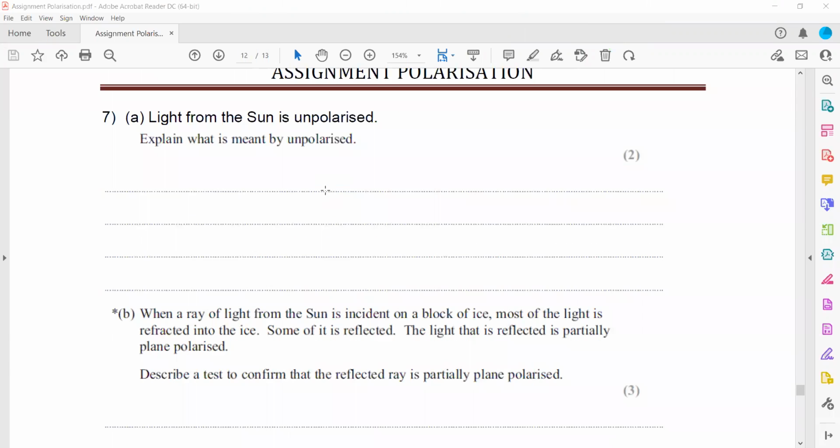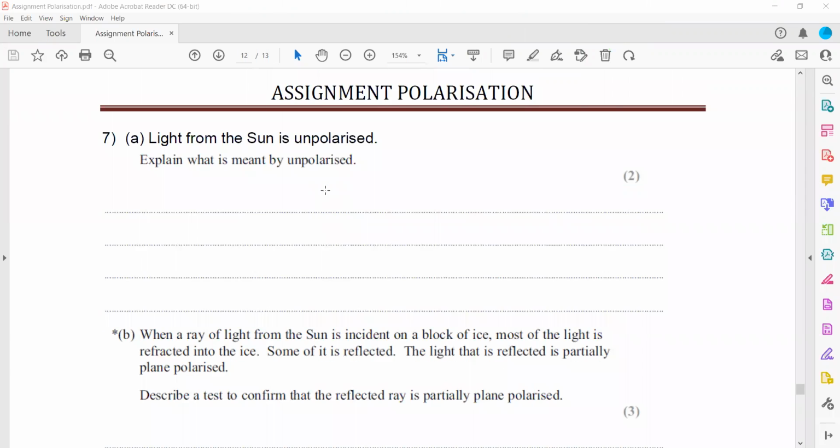Then in question 7, light from the sun is unpolarized. So what is meant by unpolarized light, or the definition of unpolarized light? Oscillations or vibrations occur in many directions, which are all perpendicular to the direction of propagation. It's of 2 marks.